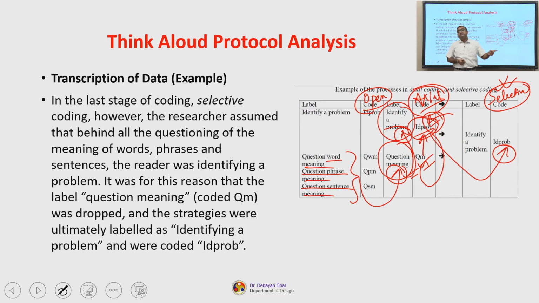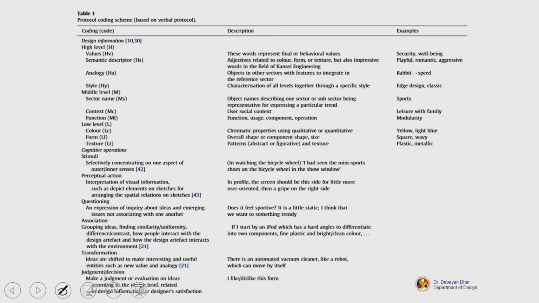The selective code that you get provides you with the focus of the design team, or the design brief, or the opportunity areas that you are looking for. That is how you analyze this kind of qualitative data for further interpretation.